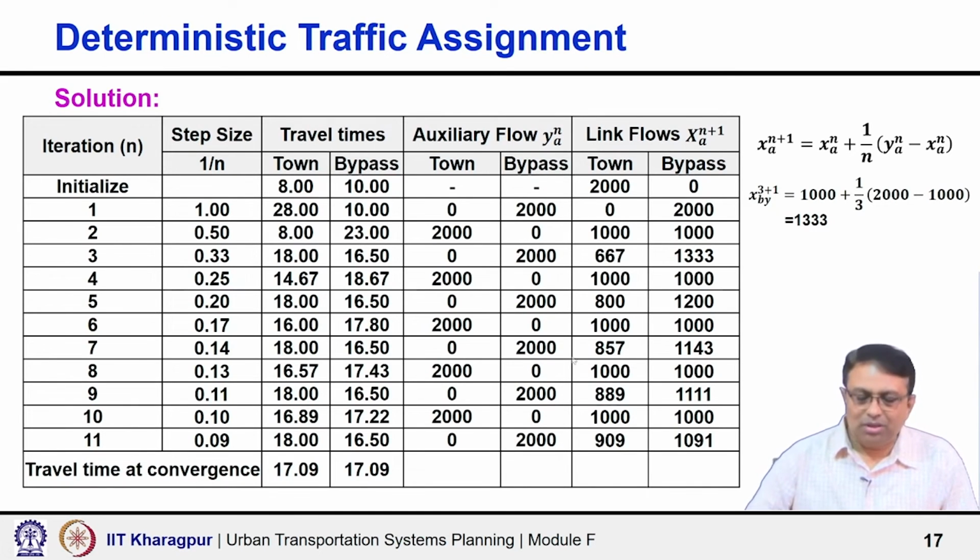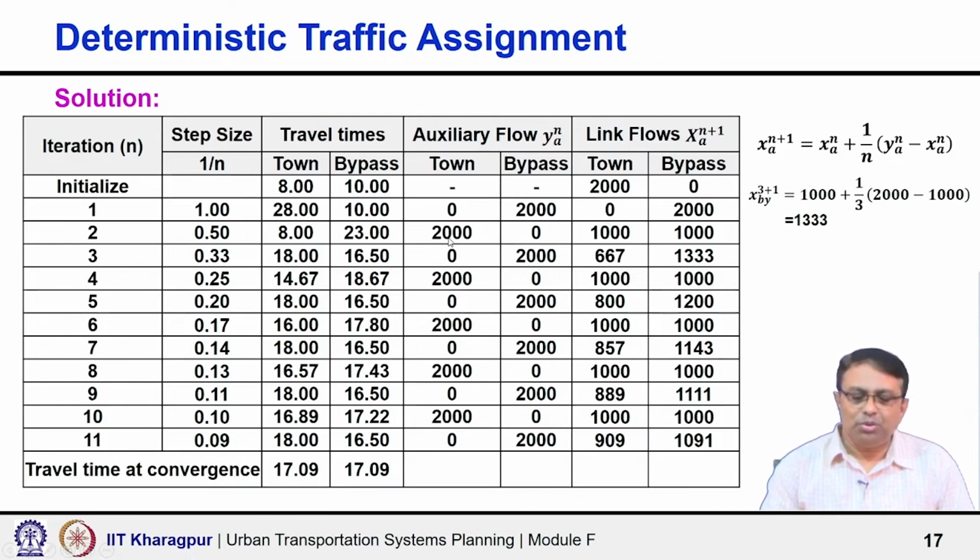Let us say again, I will explain. Now the town flow's auxiliary flow is 2000. So, how do we get this second iteration's 1000? I am getting it as the previous value 0, plus 1/2 times the auxiliary flow 2000 minus x_a^n, 0.